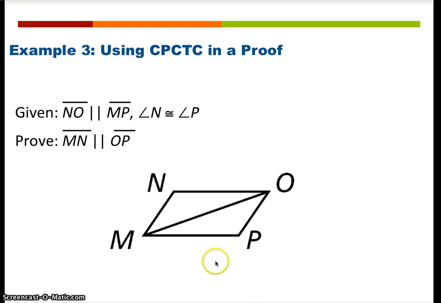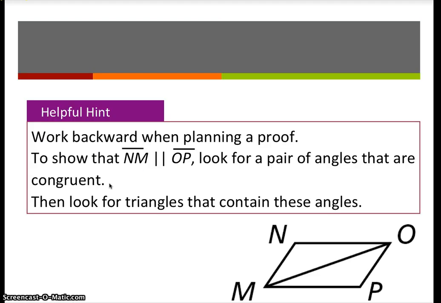Okay, this proof is interesting because it brings back some of our other geometry skills with parallel lines. They're given that NO is parallel to MP and that angle N is congruent to angle P, prove that MN is parallel to OP. So, a helpful hint, when you're doing these proofs, you should work backwards to plan the proof.